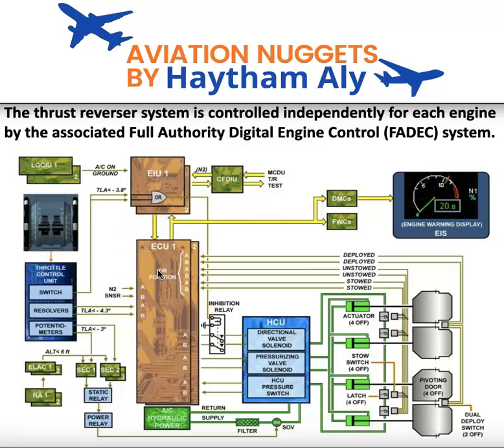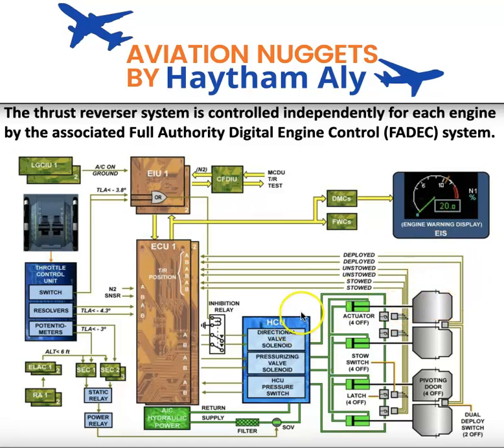So at this time the ECU can energize the solenoids of the pressurizing valve and the directional control valve at the same time, so that the hydraulic can go to both sides of the actuators, and thanks to the differential surface area between the deploy chamber and stow chamber, now the thrust reverser can deploy and is indicated on the N1 dial by a reverse amber or fully deploy indication. Okay, everybody.